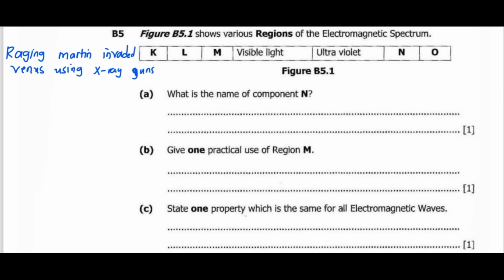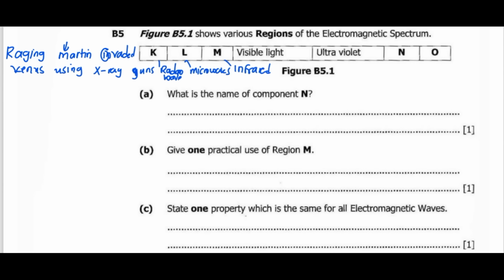R is for radio waves. So this means that here we have radio waves. Then M for Martians is microwaves. Then I is infrared.